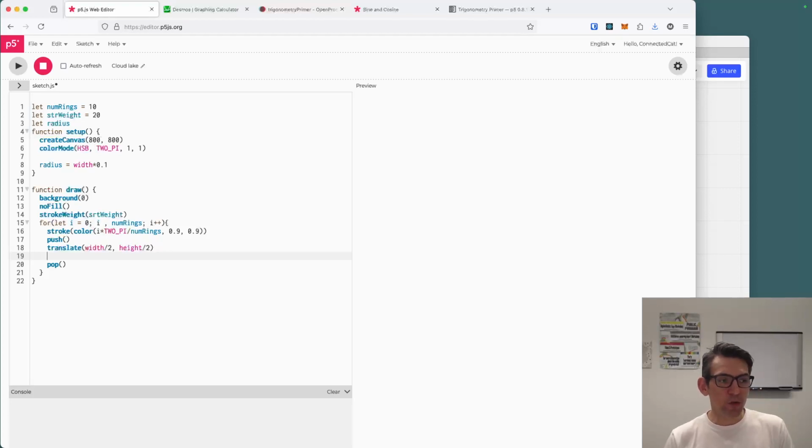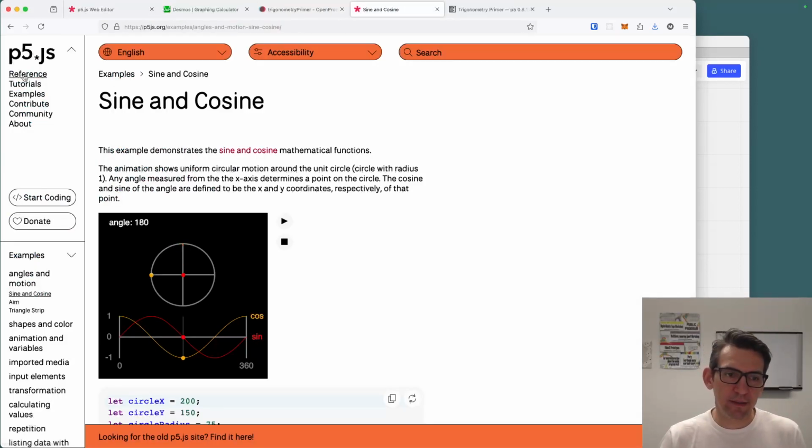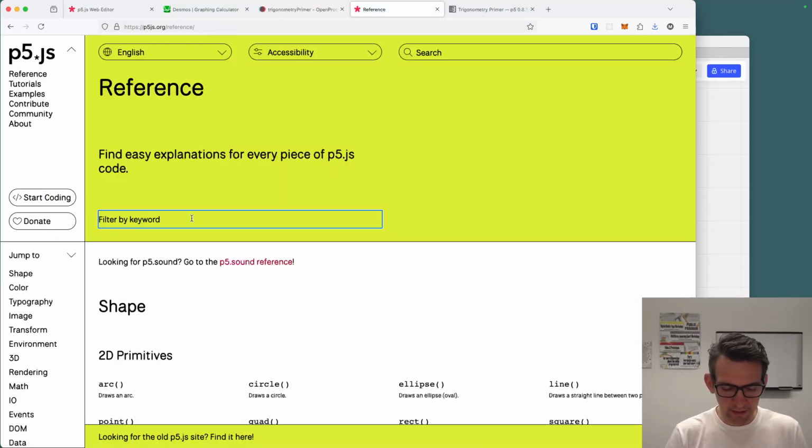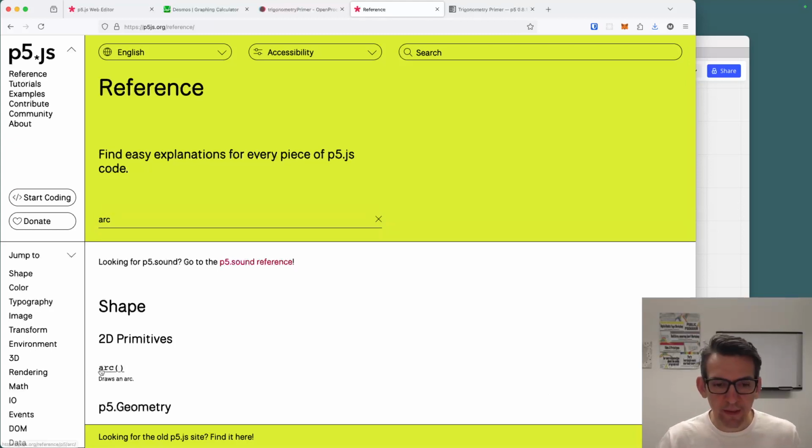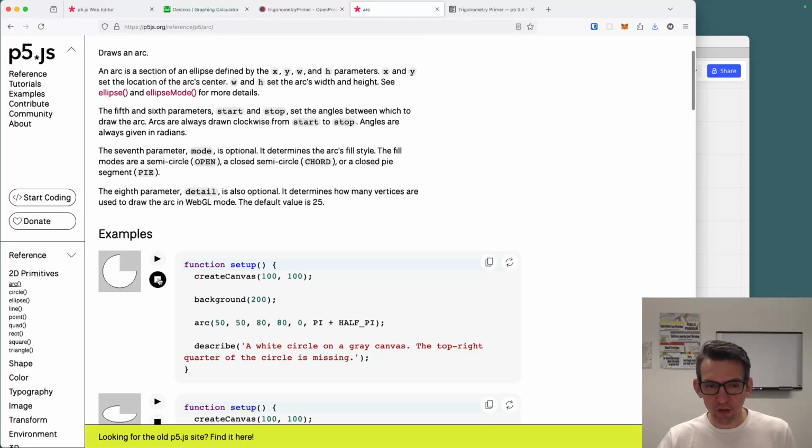So I am going to draw a bunch of arcs, right? So an arc, if you look at the reference, an arc is one of the primitives, right? And the arc essentially is drawn the following way. So it's kind of like an incomplete rotation, an incomplete circle.